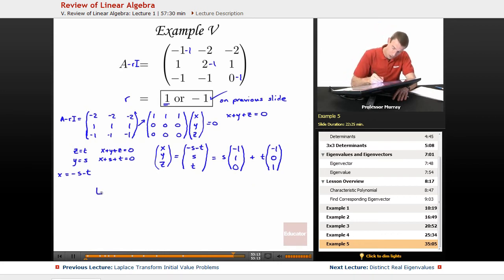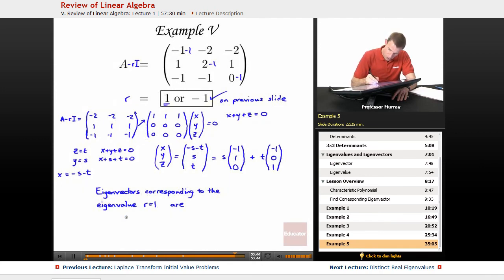So my eigenvectors, looks like I have 2 eigenvectors, 2 independent eigenvectors. If I just take different combinations of s's and t's, these are corresponding to the eigenvalue r equals 1.